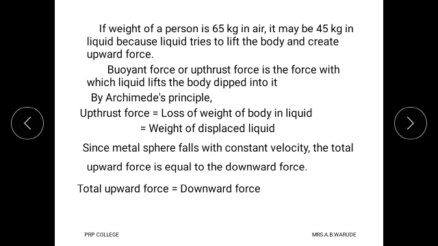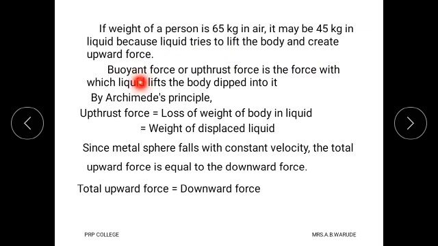Here we find the values of the force of viscosity and the upthrust force in the upward direction. Practically it is observed that if the weight of a person is 65 kg in air, then it may be 45 kg in liquid, because the liquid tries to lift the body and creates an upward force.